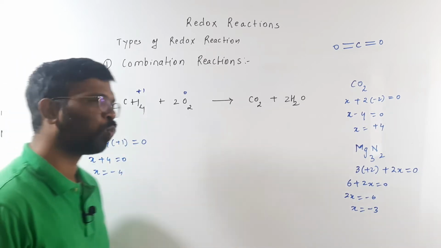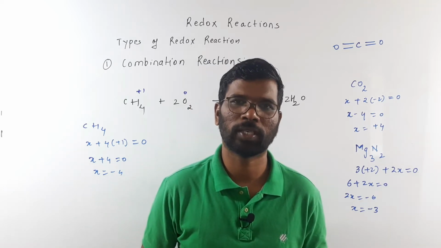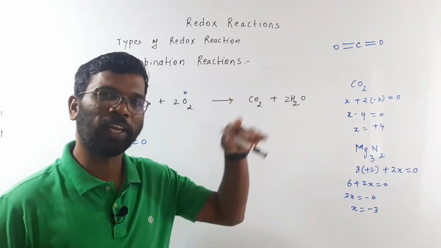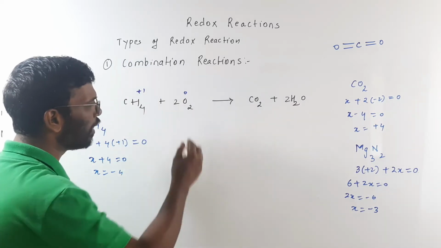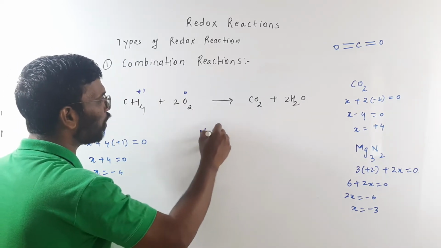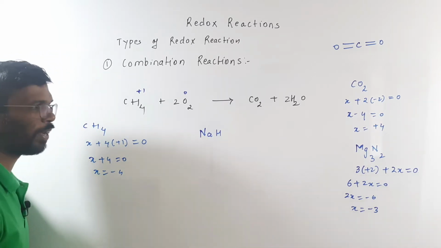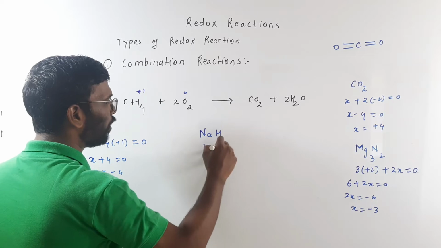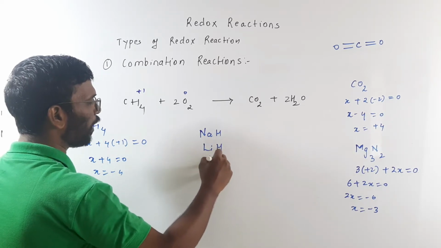Now the question arises, how did I understand that hydrogen is in the +1 oxidation state? See, in most cases hydrogen will be in the +1 oxidation state. It will exist in a -1 oxidation state when it forms hydrides with a group 1 element, like sodium hydride, lithium hydride, then potassium hydride.